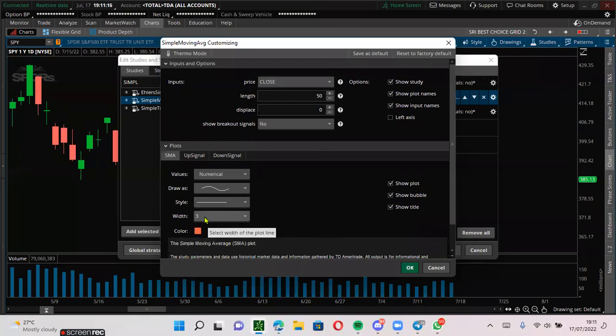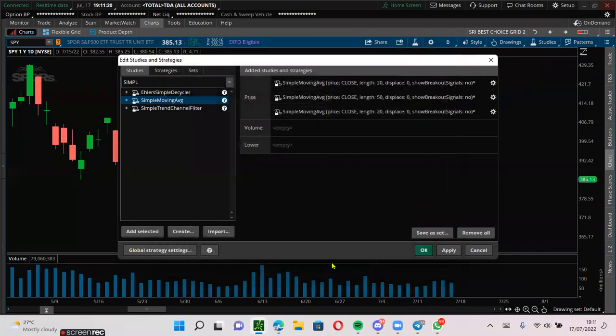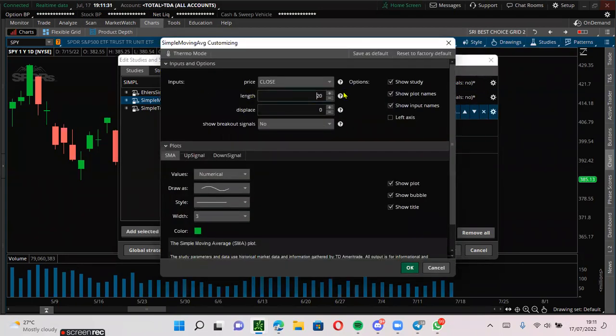The width I just change to 3. And the third, I change it to 200, and I'll change the color to white.